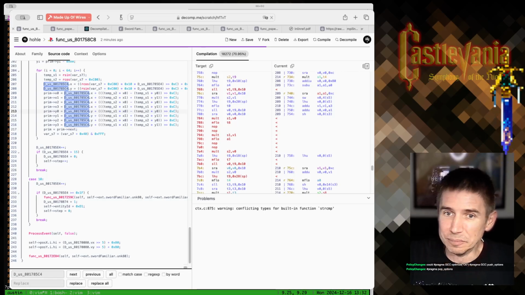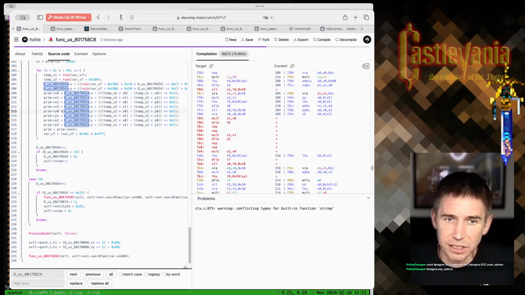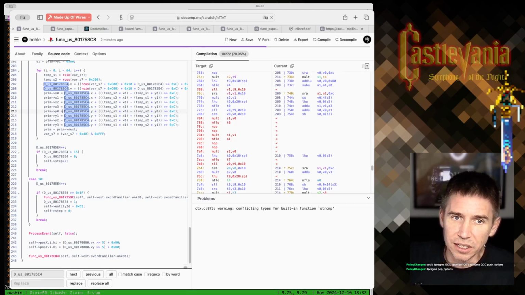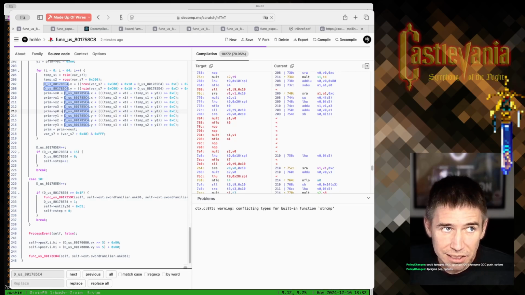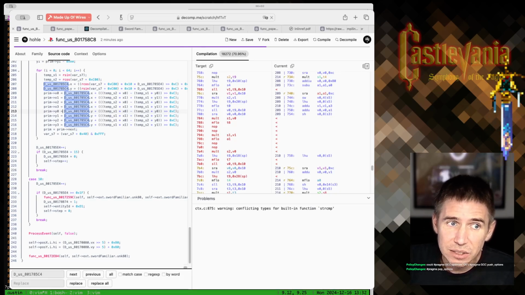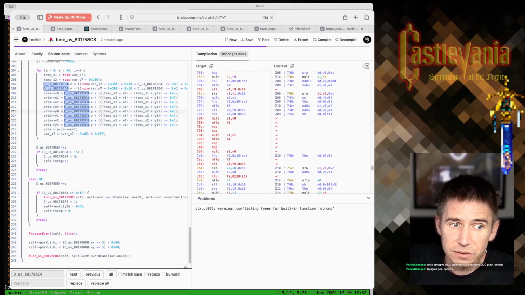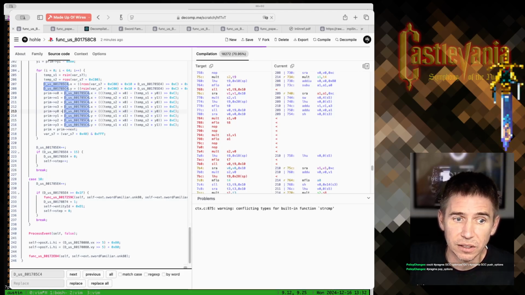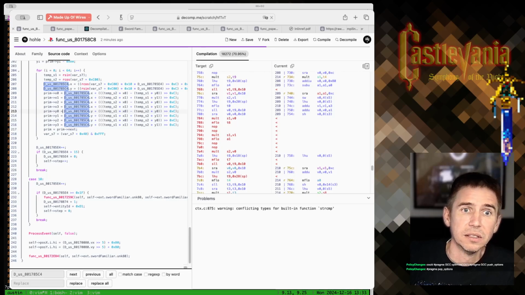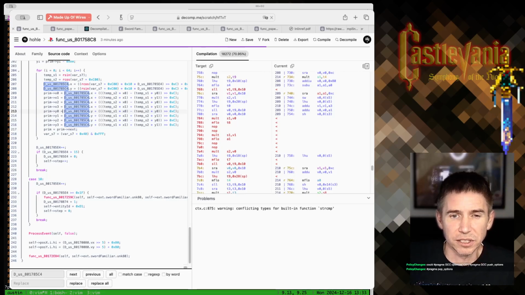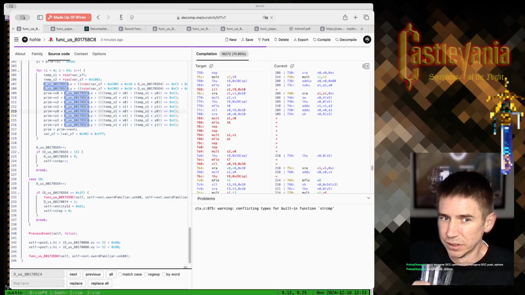Fortunately, most of the compiler settings, there may be a few cases where they differ for a particular overlay or maybe a file, but for the most part in this project they're always the same.